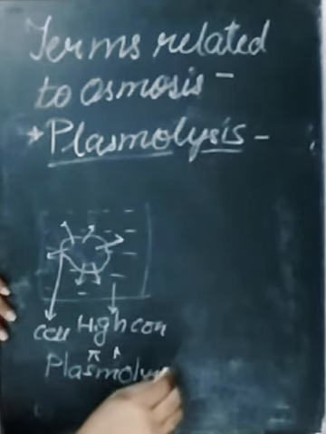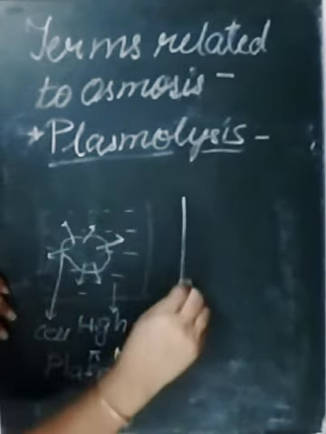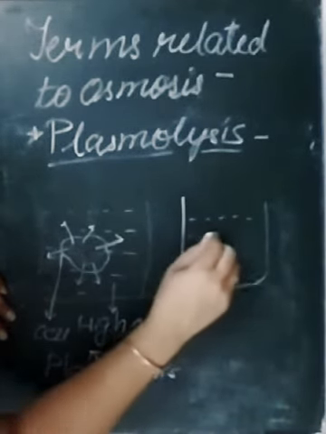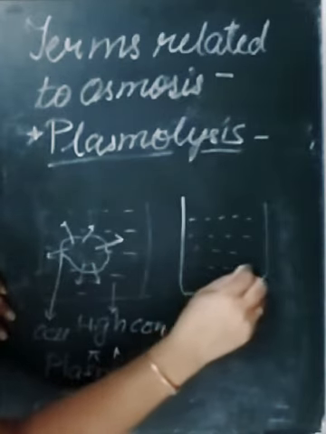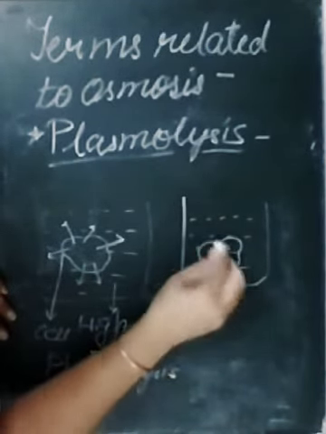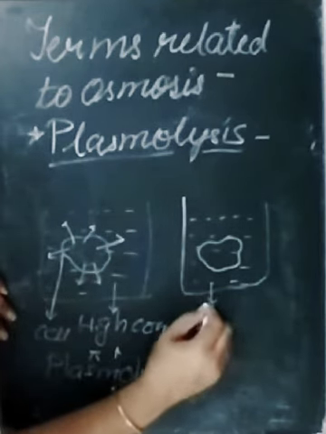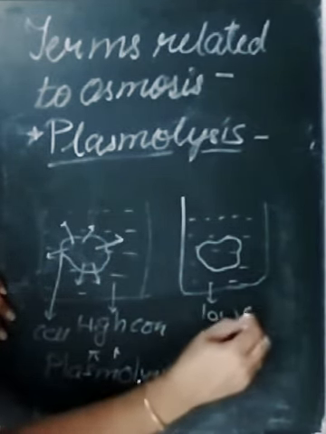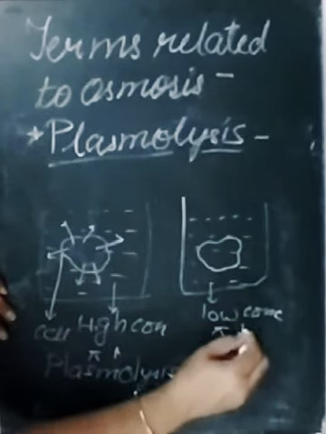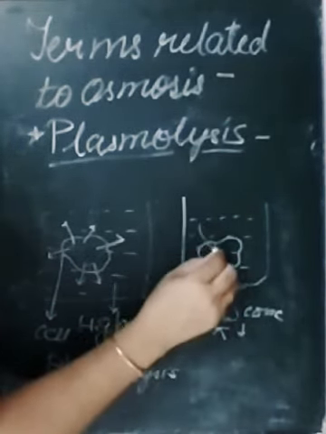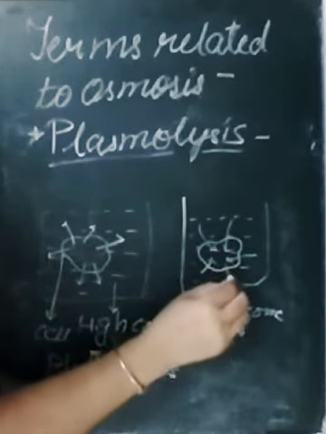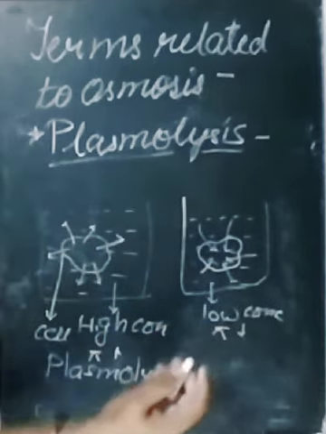I am just making a figure for hemolysis also. If a cell is kept in a solution of low concentration, that is hypotonic, where pi is also low, solvent moves inside the cell and there occurs swelling.